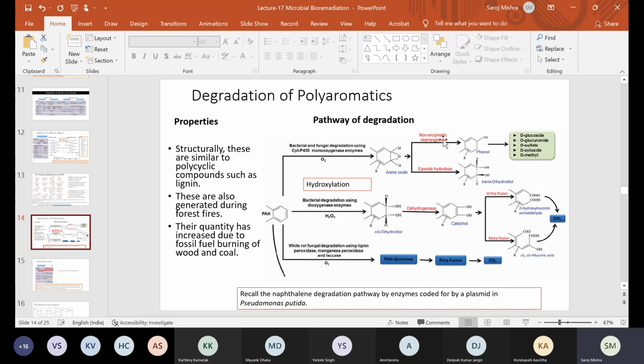This is a completely aerobic route, because oxygenases, monooxygenases, dioxygenases, or lignin peroxidase are all dependent on molecular oxygen for their reactivity.